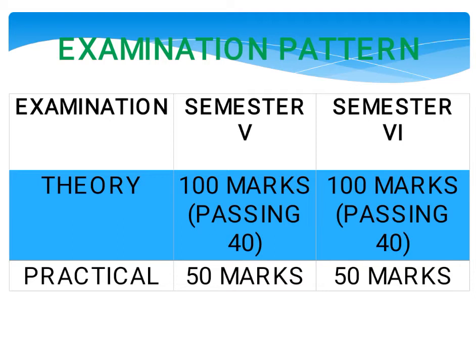Each major paper will be of 100 marks for theory and 50 marks for practical. Same for semester 5 and semester 6. So my Botany Paper 3 will be having 100 marks theory for semester 5 and 50 marks practical for semester 5.